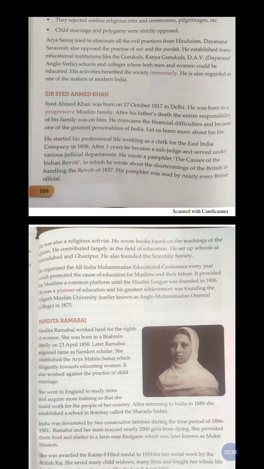And this university earlier was known as the Anglo-Mohammedan Oriental College in 1875. Please mark or underline the university name Aligarh Muslim University, and the year in which it was known as the Anglo-Mohammedan Oriental College. Underline that year also.